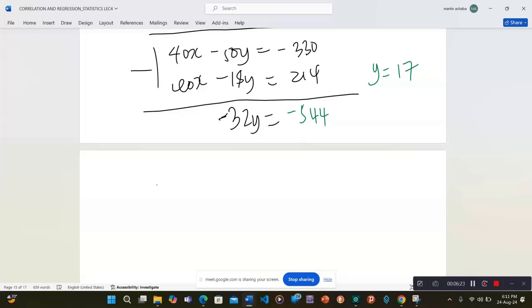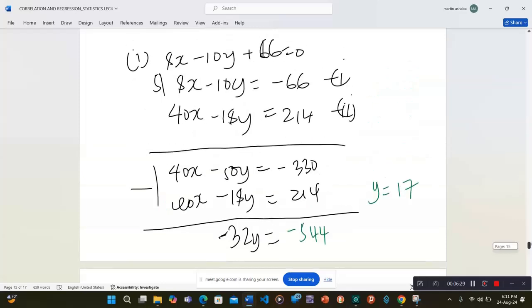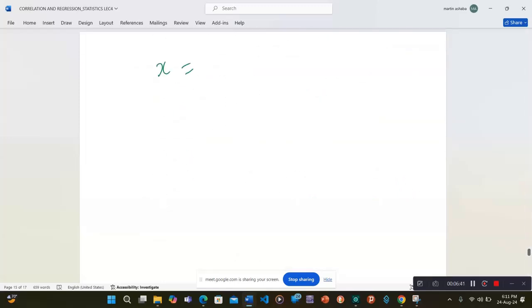So what is x? If I use equation 1, that will be negative 66 plus 10 times 17 and divide by 8. So negative 66 plus 170 divided by 8. What is the value?